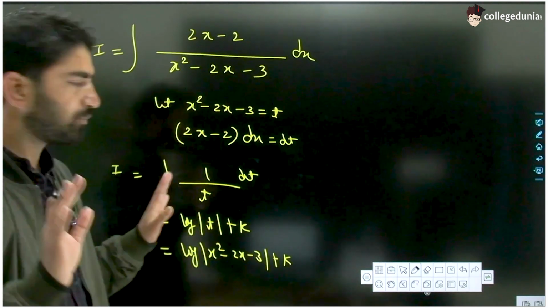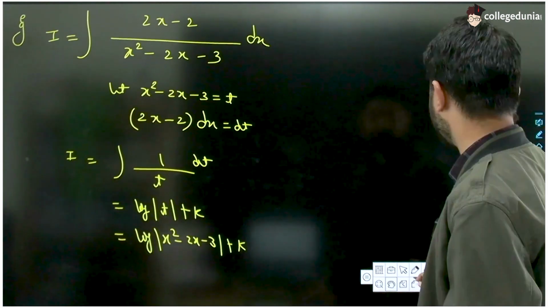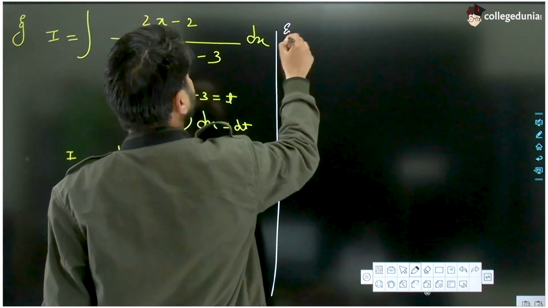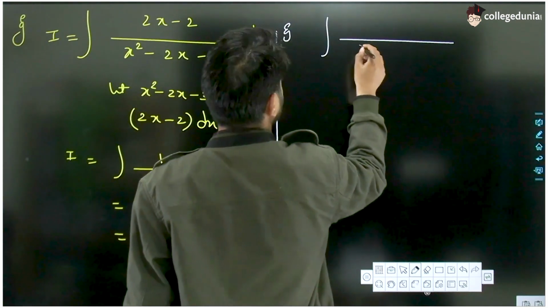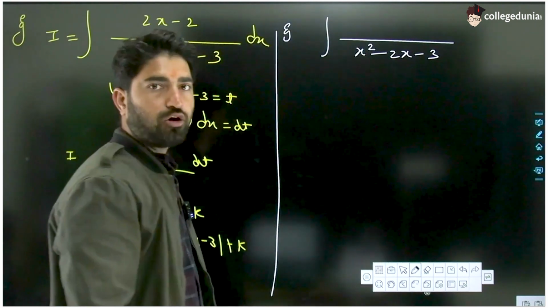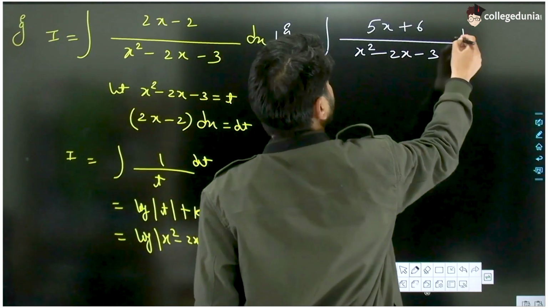So ये तो हो गया, इसमें हमें कोई प्रॉब्लम नहीं आई. प्रॉब्लम कहाँ आएगी? Suppose we have x square minus 2x minus 3 in denominator and we have 5x plus 6 in numerator.